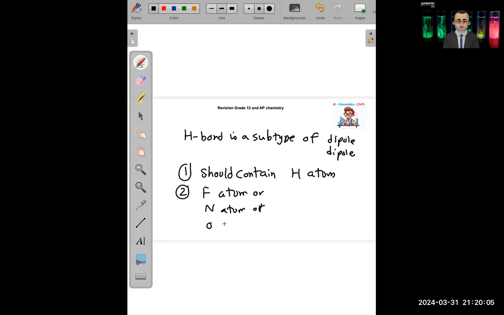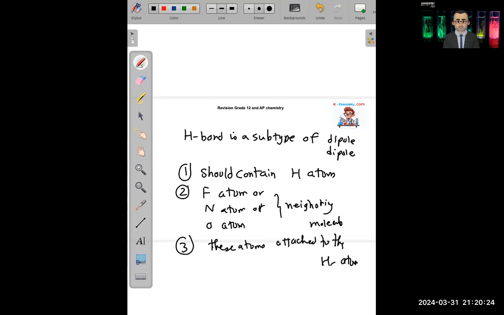And the oxygen atom in the neighboring molecule. And number three, it should have these atoms directly attached to the hydrogen atom. So it is a subtype of the dipole, and we'll see that.